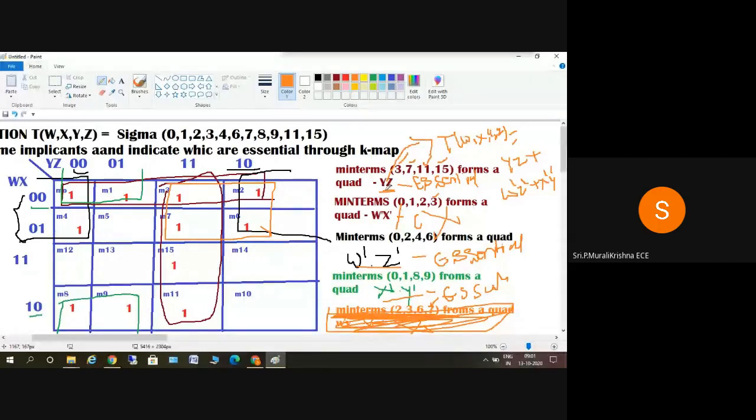So take the next problem in the same model. So you do this.